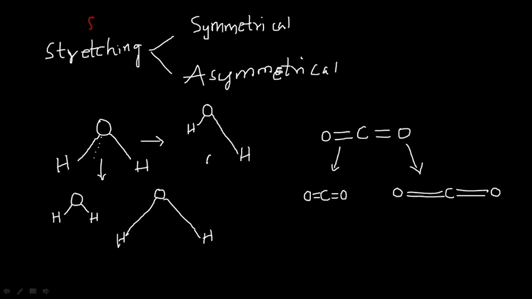If H1 is undergoing compression and H2 is undergoing elongation, you will get this type of structure. Or H1 is undergoing elongation and H2 is undergoing compression, this is also asymmetrical stretching. So, these two are the symmetrical stretching and these two structures are expressing asymmetrical stretching for a non-linear molecule. For the case of a linear molecule, the two oxygen atoms are compressed at the same time, so the symmetry of the molecule can look like this.